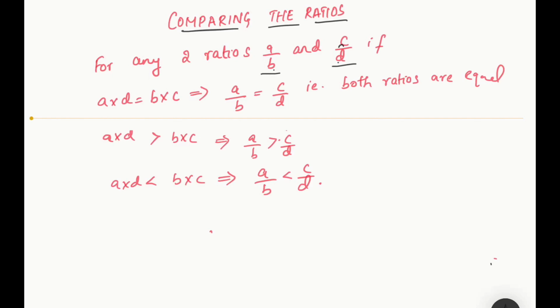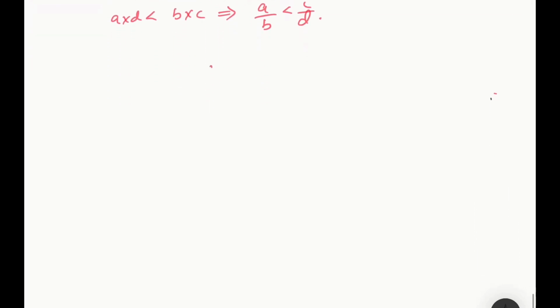If A into D is greater than B into C, then A by B is greater than C by D. Similarly, if A into D is less than B into C, then A by B is less than C by D. This is how we can compare the ratios.